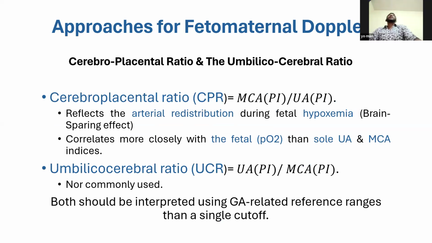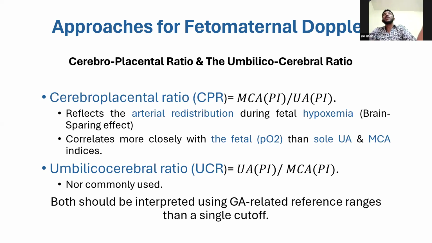Okay. Here is the cerebroplacental ratio and the umbilical-cerebral ratio. The most common is the cerebroplacental ratio. What we do is divide the middle cerebral artery PI by the umbilical artery PI. It is the best measurement, especially in borderline growth restricted fetuses.